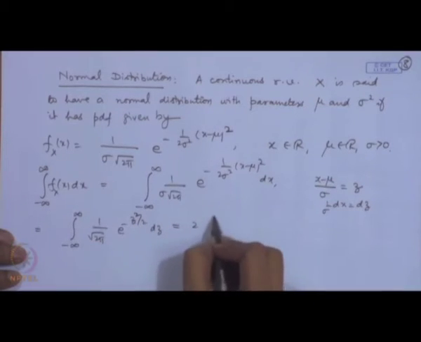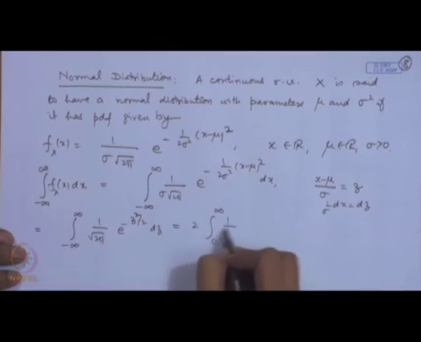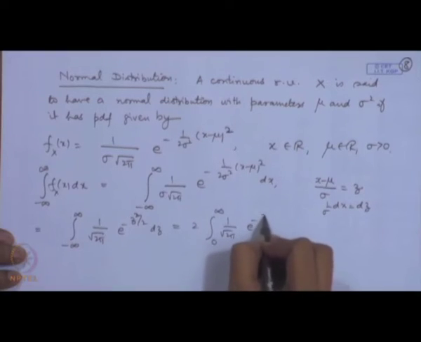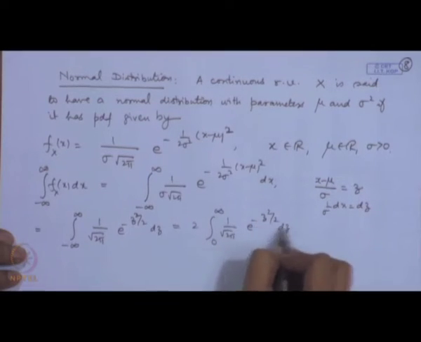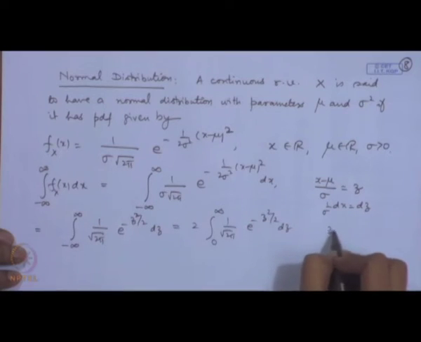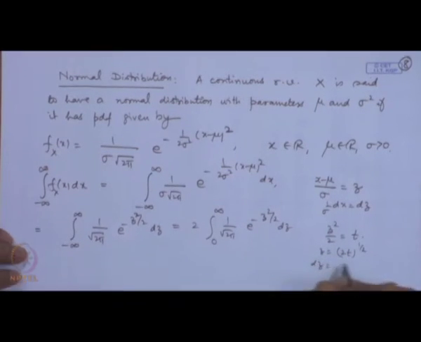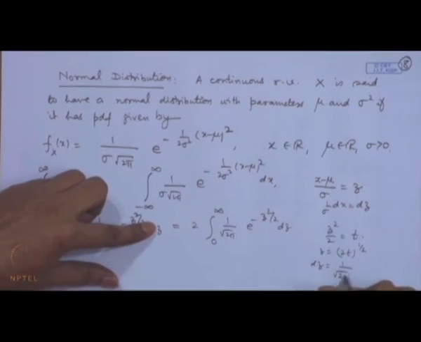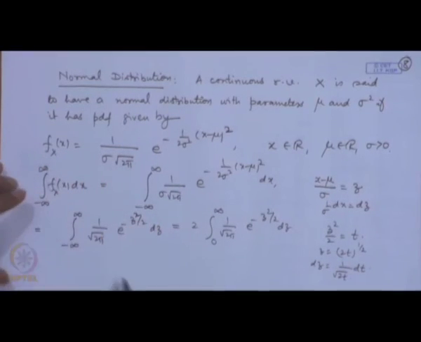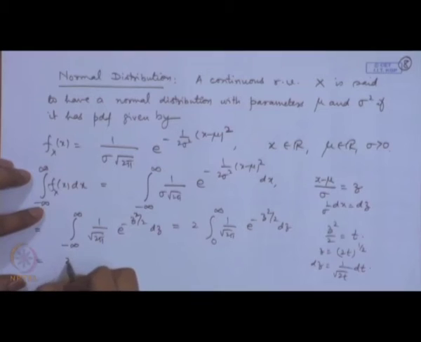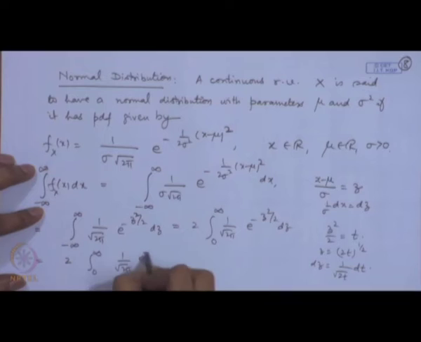So, this becomes 2 times the integral from 0 to infinity of 1 by root 2 pi e to the power minus z square by 2 dz. Now, in this region I can make a substitution z square by 2 is equal to say t, that is z is equal to (2t) to the power half or dz is equal to 1 by root 2t dt. So, this integral then turns out to be twice the integral from 0 to infinity of 1 by root 2 pi e to the power minus t 1 by root 2t dt.